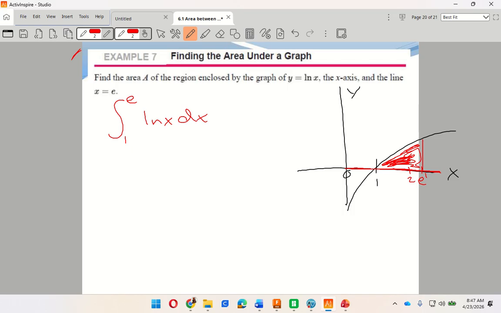Now, it was in the notes. I don't remember if it was this one or one of the other ones. Integration of ln x. Yes, it was in the notes. You have to find it.